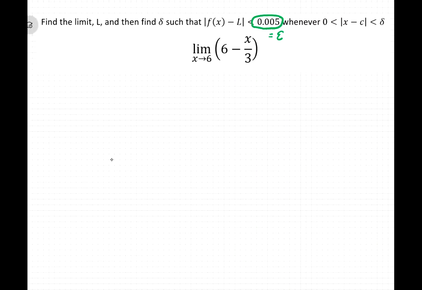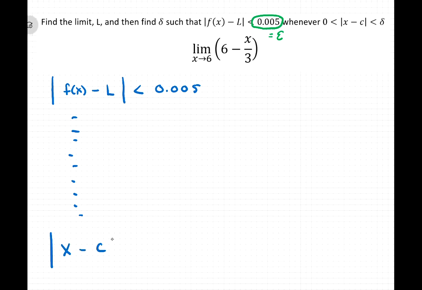Now let's look at this problem. What we want is the absolute value of f of x minus L is less than 0.005. Then we do some work and eventually get down to the absolute value of x minus c is less than some number.